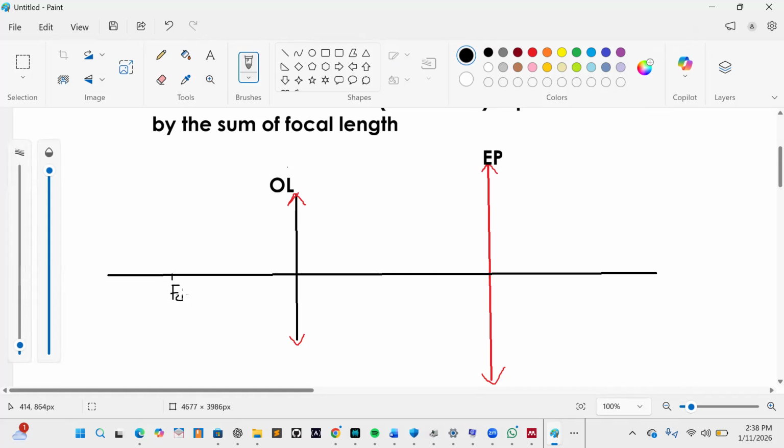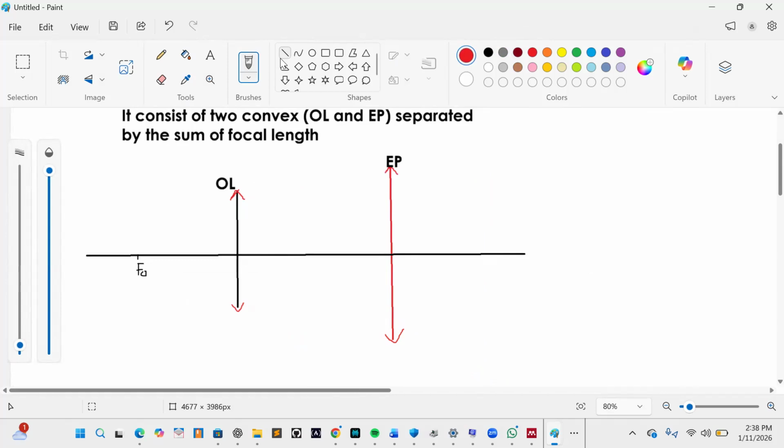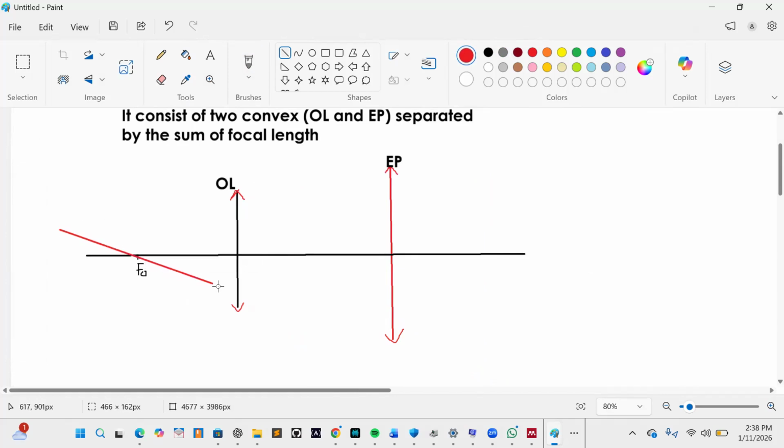This is where the rays are originating from. You can have multiple rays to view this. You can have rays coming, all of them parallel, and I have one that passes through the center too.